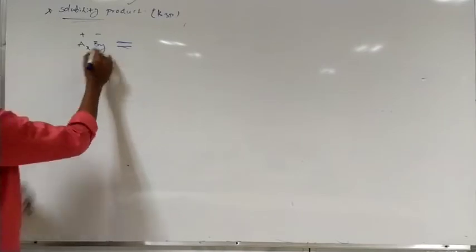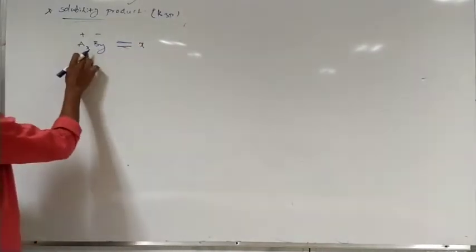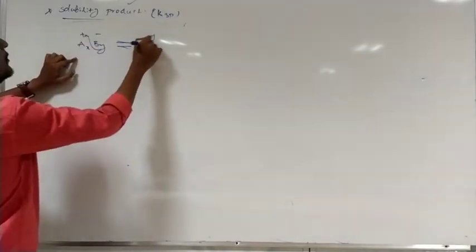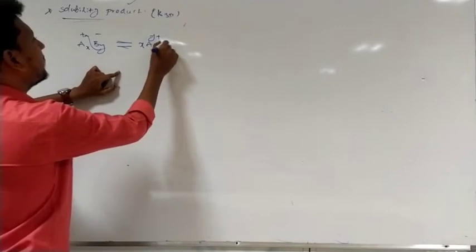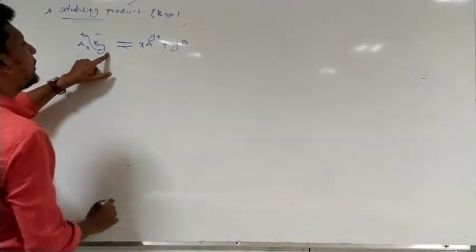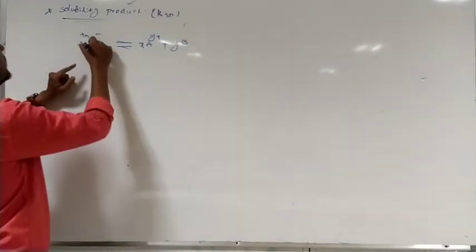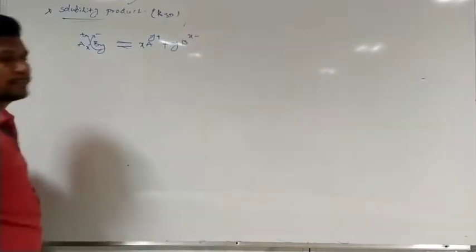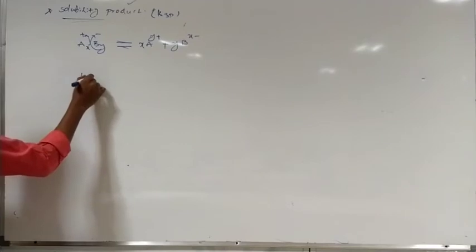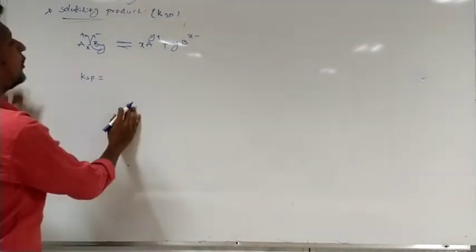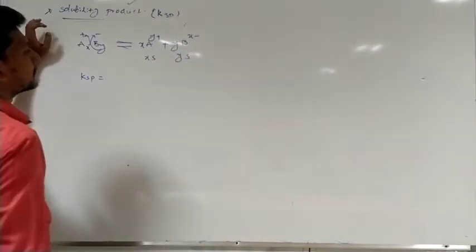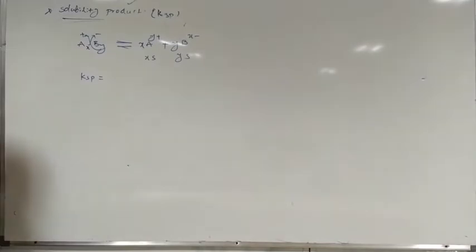In this, x moles of A to the power y plus and y moles of B to the power x minus are formed, so x moles of S and y moles of S.